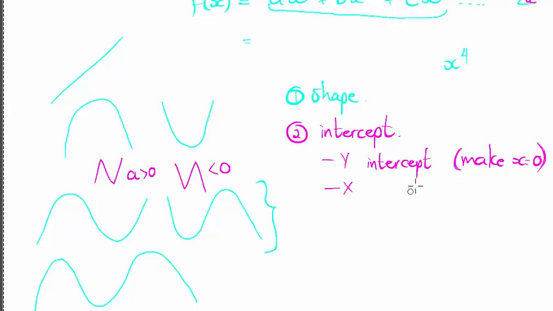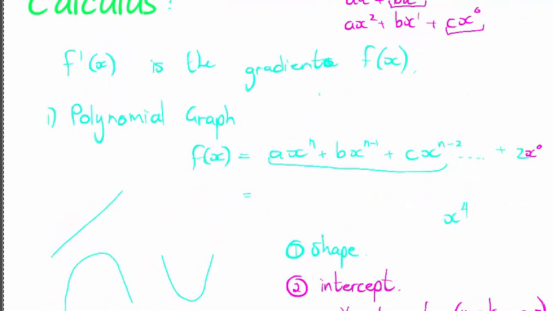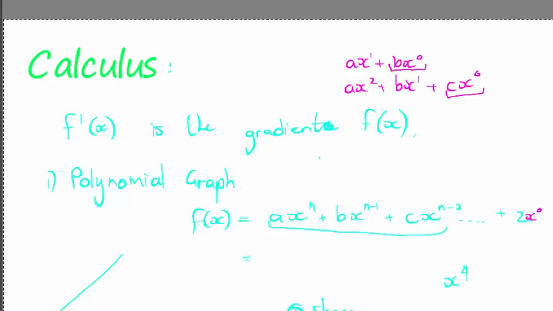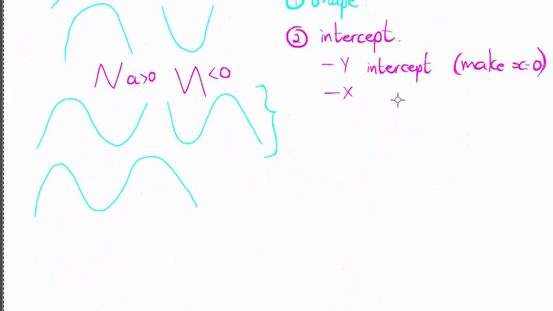To find the x-intercepts, what do we do? We make y equal to 0. And the moment you have that, you've got an equation.